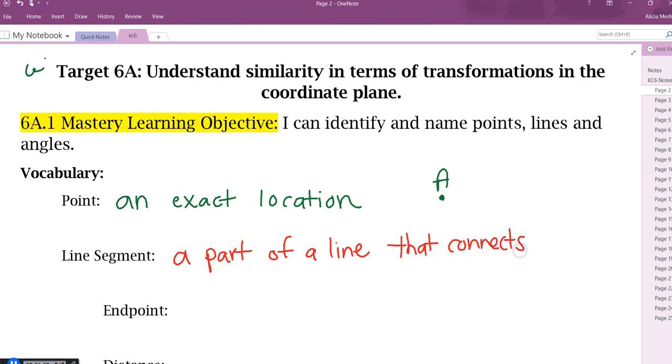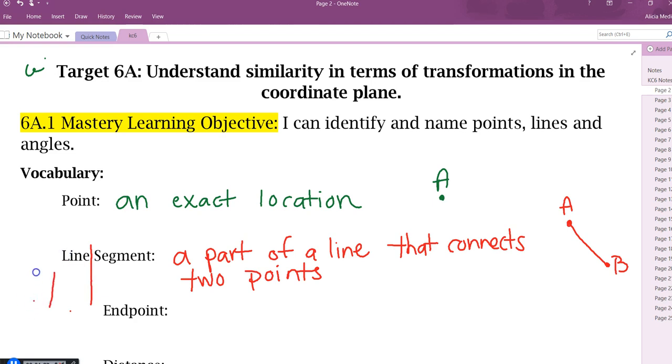So if it connects 2 points, I'm going to have point A and point B. And a line segment is a line that connects those 2 points. Notice there's no arrows. It is just a line segment, so between 2 points.